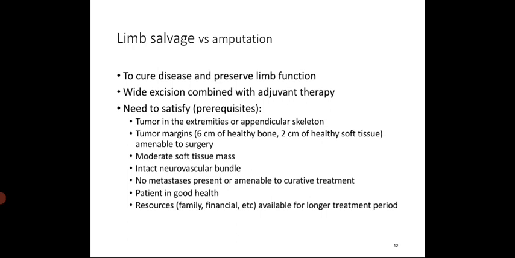The patient must have no metastasis present, or the patient is amenable to curative treatment. The patient is in good health and there are adequate family financial resources, because limb salvage typically has a longer treatment period compared to amputation or disarticulation.